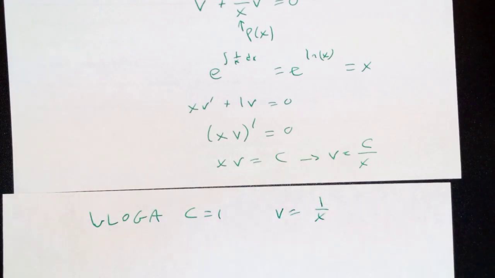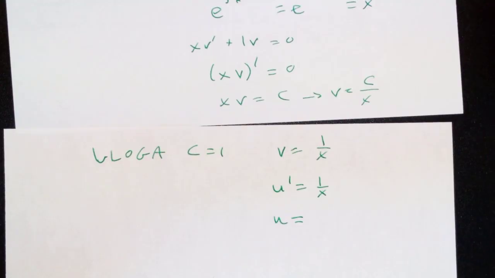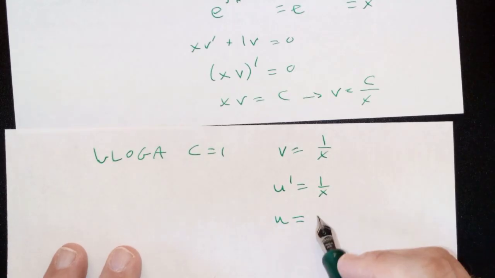Wait a minute, that's v. Where did v come from again? v is u prime. u prime is 1 over x. What's u? ln of x.